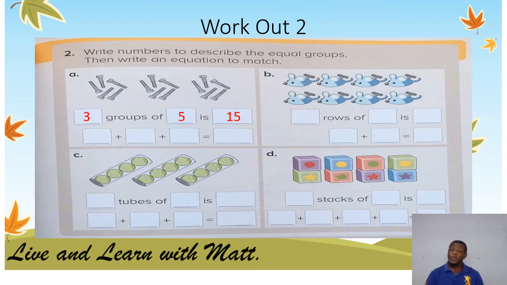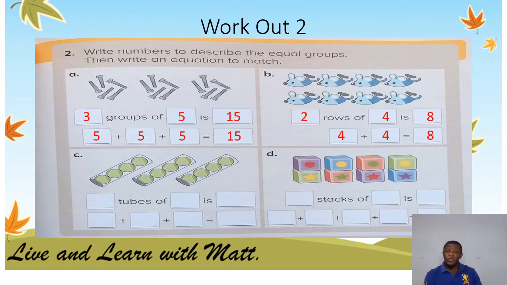And the equation will be 5 plus 5 plus 5 is 15. Now part B. How many rows of planes? We've got 2 rows of 4 planes is 8. And the equation will be 4 plus 4. Double 4 is 8. Now let's go to part C.